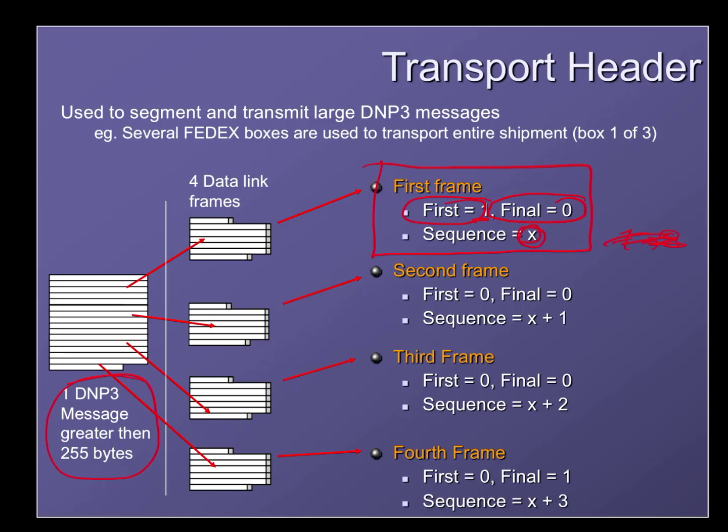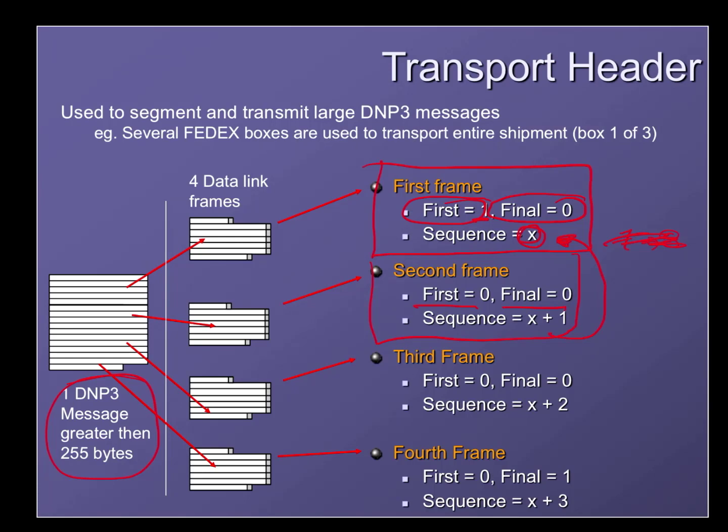So then for the second frame, we know it's not the first frame. We know it's not the last frame, so we've got 0 in both those positions. But notice how we add 1 to the sequence. Adding 1 to the sequence is the way the far end knows that, oh, okay, that's the second frame.